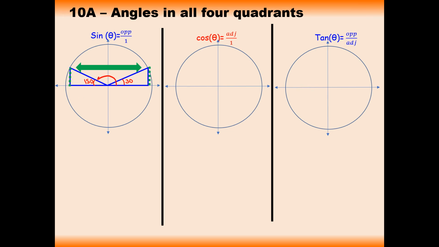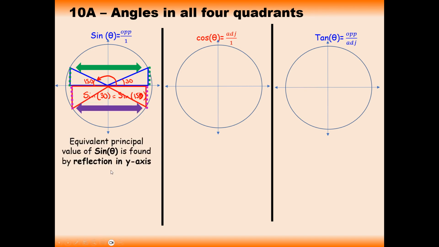I'm saying sine of 30 is equal to sine of 150. All right. So if your angle is negative, a negative angle, it has another corresponding value. When you're evaluating sine, remember this.